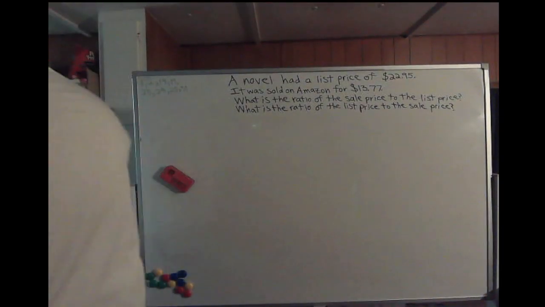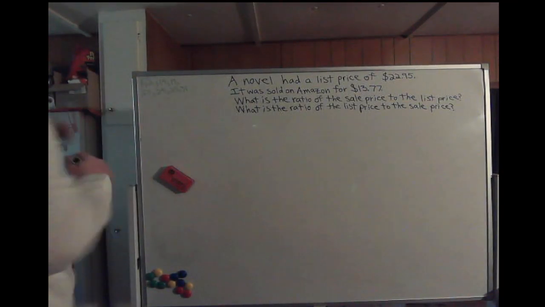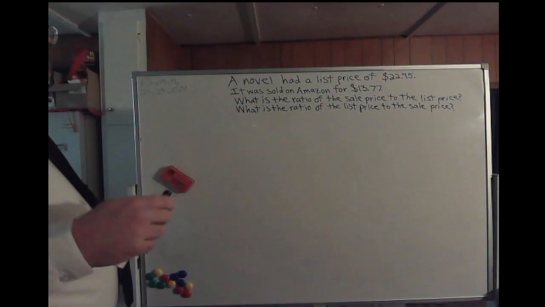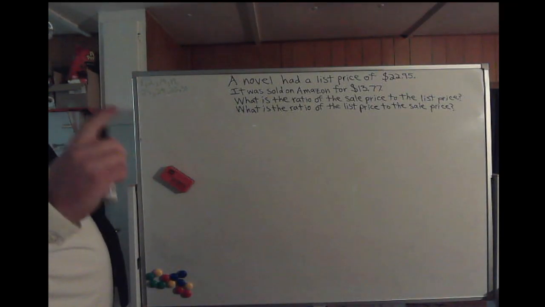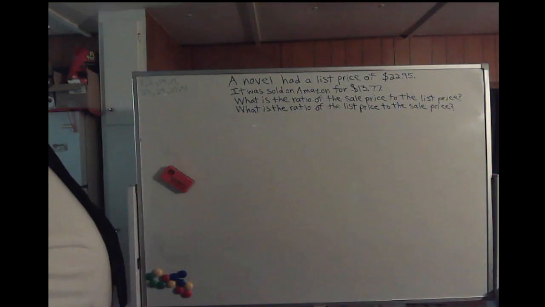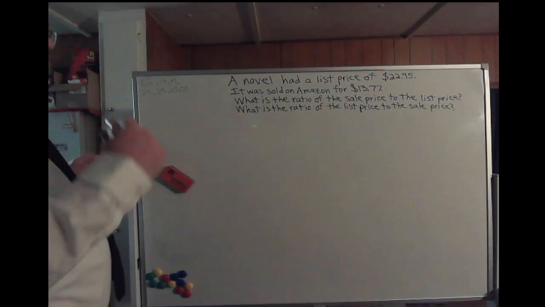Okay, so there's a novel on Amazon. Its list price, what the publishers wanted to sell it for, was $22.95. However, it was sold on Amazon for only $13.77. So first it asks, what is the ratio of the sale price to the list price?